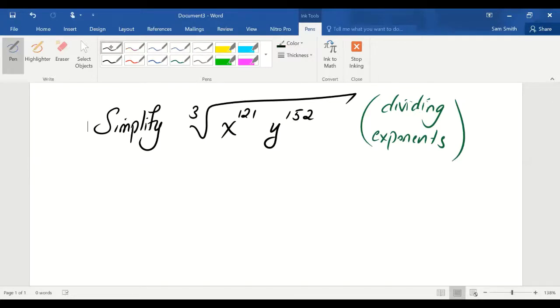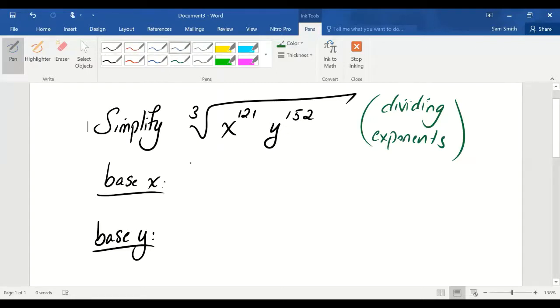I am going to do a long division in two different cases, one for each base, with the exponent that I'm starting with. Let's say starting exponent.